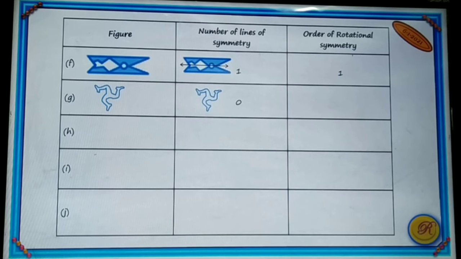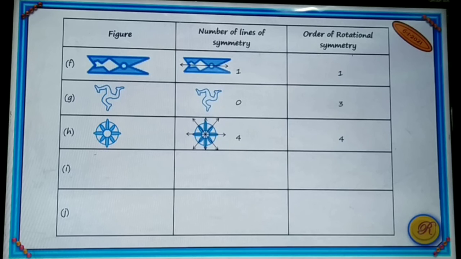Order of rotational symmetry 3, because angle of rotation is 120 degrees. For figure H, number of lines of symmetry 4. Order of rotation symmetry 4.